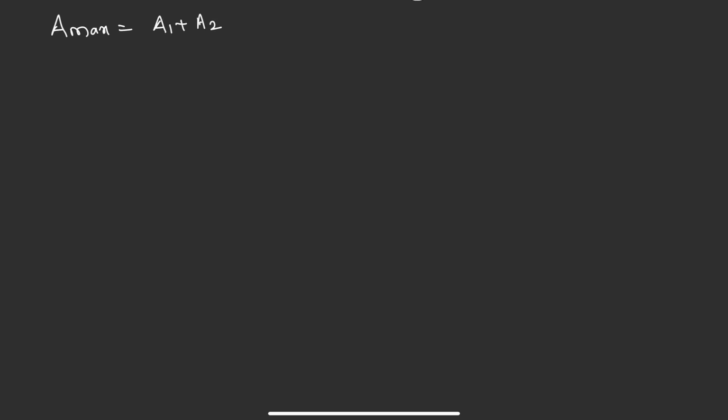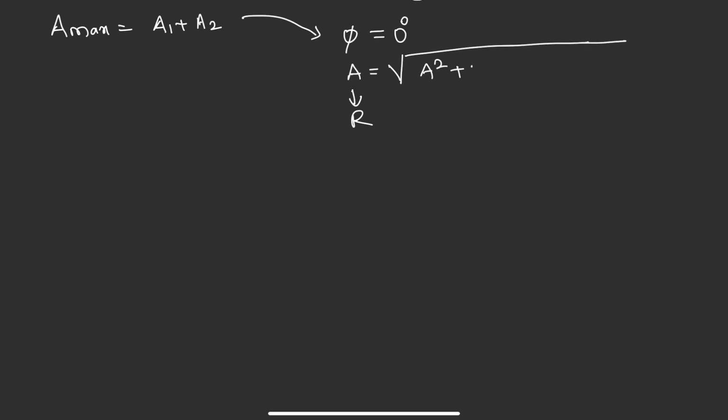We can also discuss maximum displacement. A max is equal to directly A1 plus A2. It comes from phase difference phi equal to 0 degrees. So A, we treat it as R, is equal to under root of A1 square plus A2 square plus 2 A1 A2 cos 0 degrees.